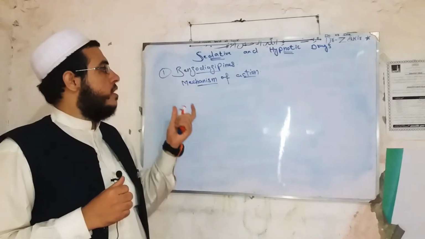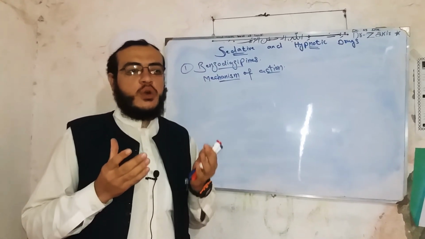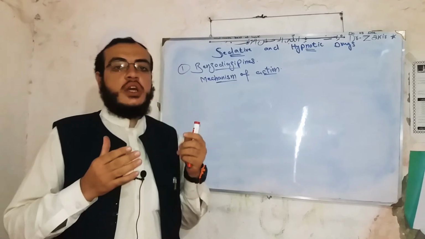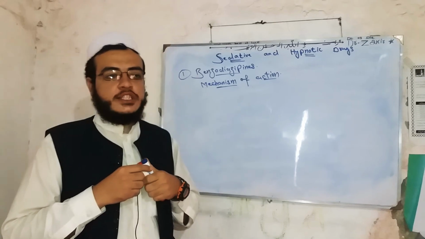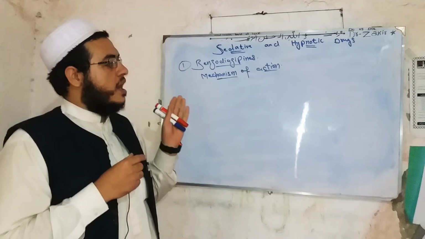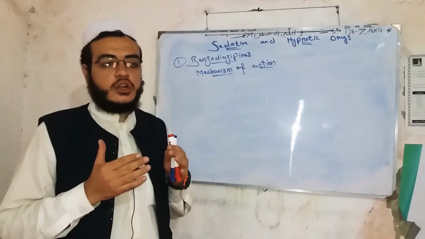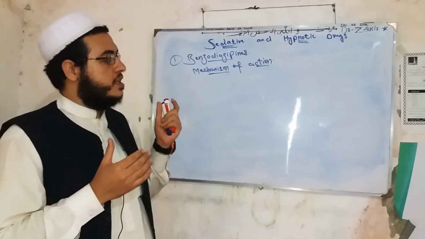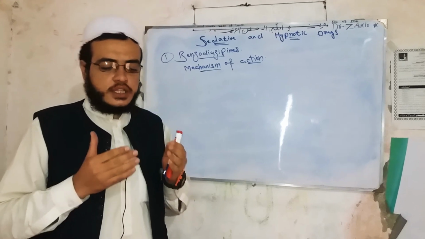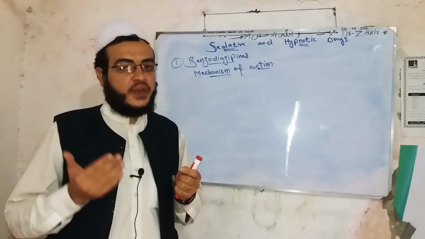Now I will tell you the mechanism of action of benzodiazepines. First of all, what are benzodiazepines? Benzodiazepines are widely used anti-anxiety drugs, meaning anxiolytic agents, because they have largely replaced barbiturates and meprobamate in the treatment of anxiety and insomnia, because benzodiazepines are generally considered to be safer and more effective.